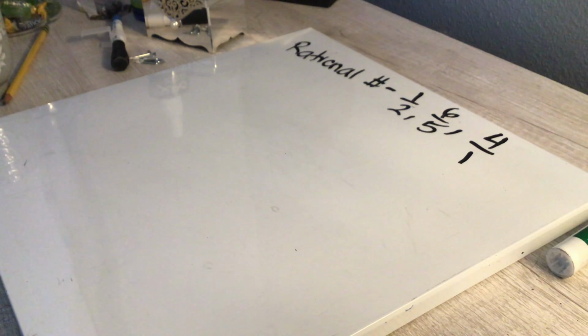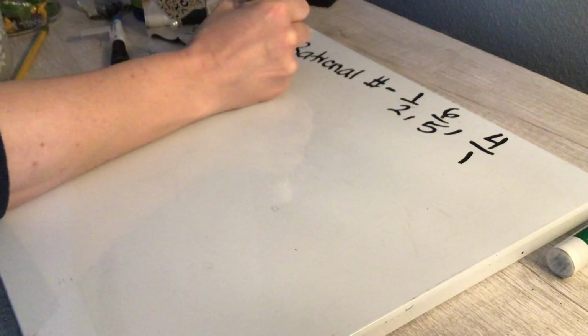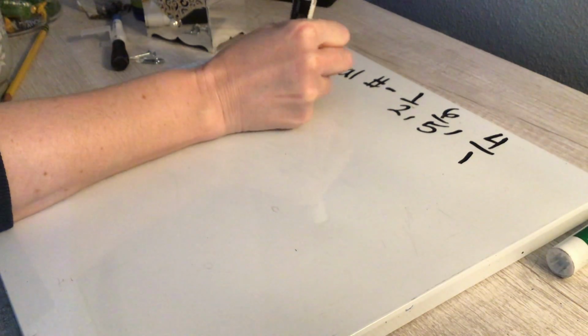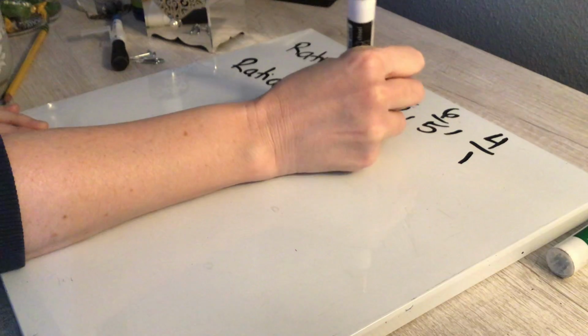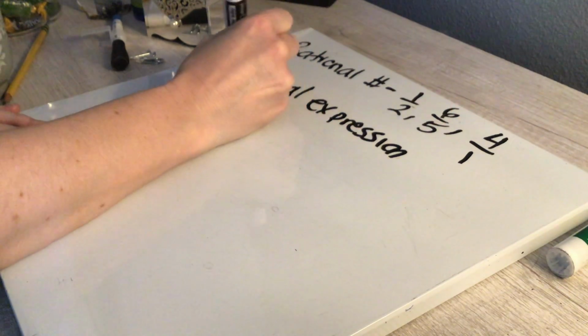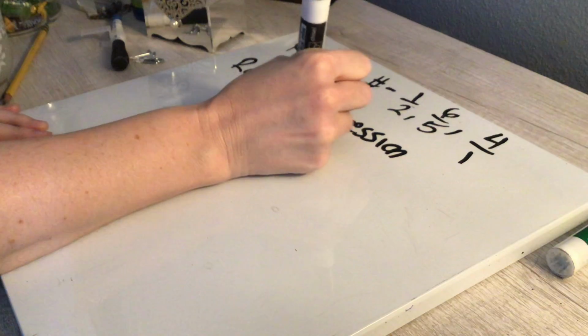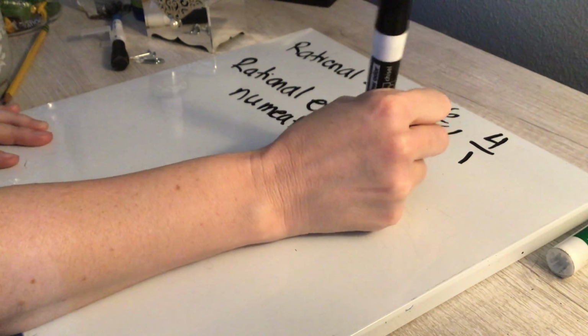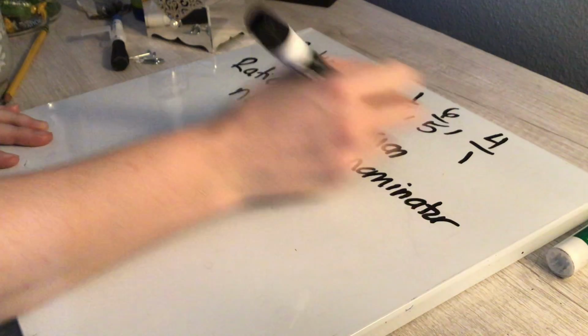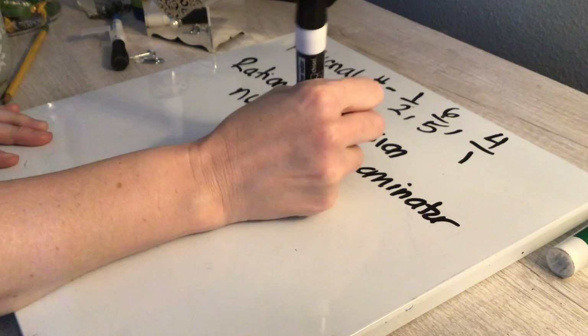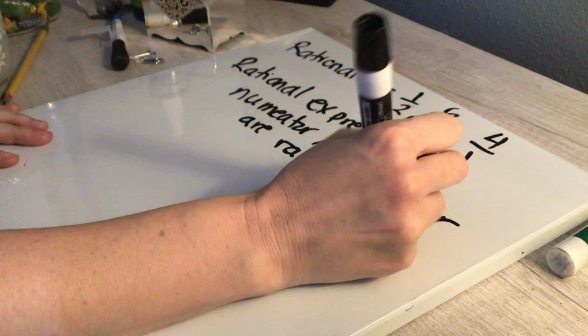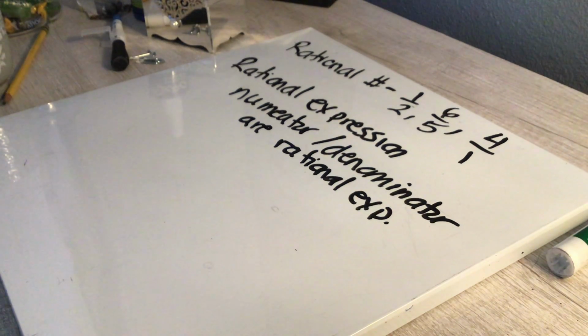They're just fractions, okay? When you have a rational expression, both the numerator and the denominator are going to be rational expressions, okay? And remember that a rational expression is going to contain variables now.